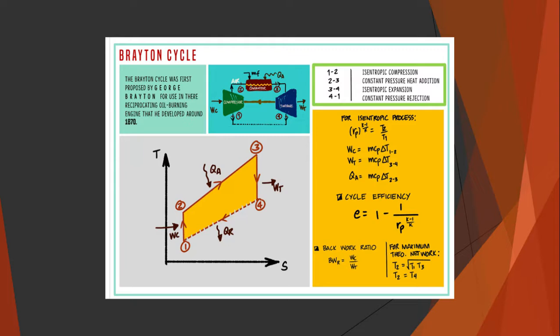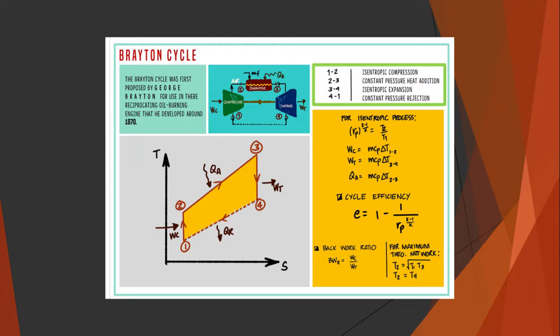So, ito. Yung R sub P quantity is equals to K minus 1 over K is equals to T2 over T1. Tapos para naman sa ating work na papasok is mass times specific heat capacity with constant pressure times the change in temperature of from 1 to 2.